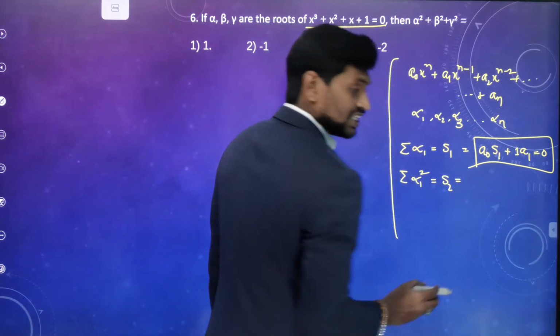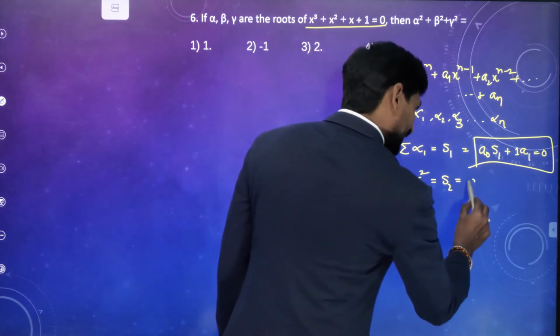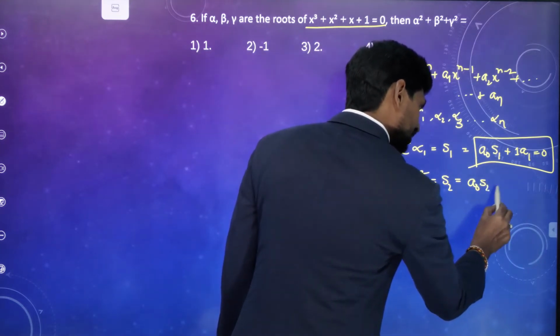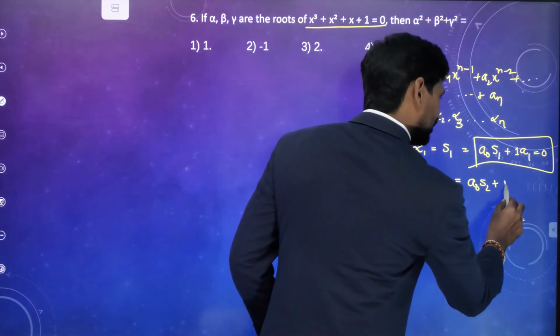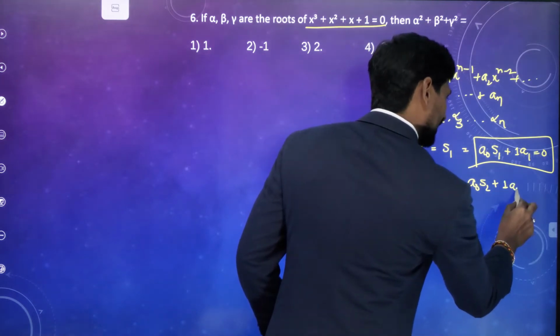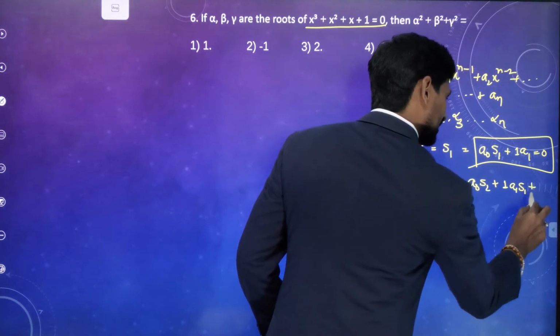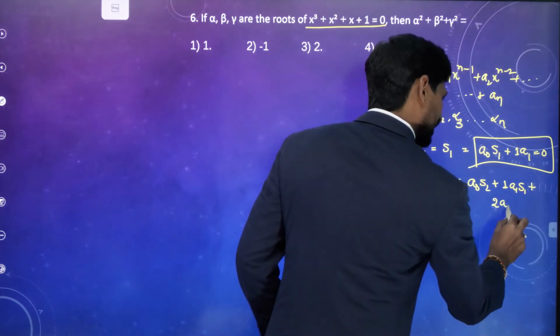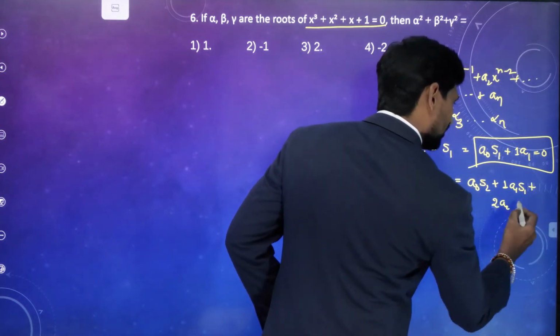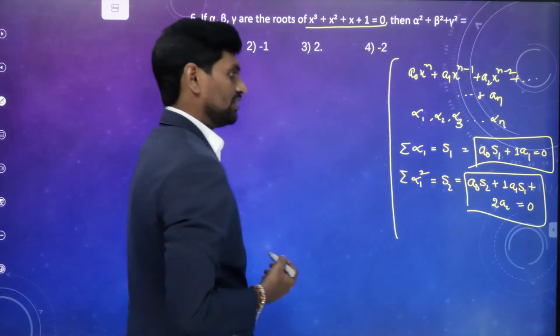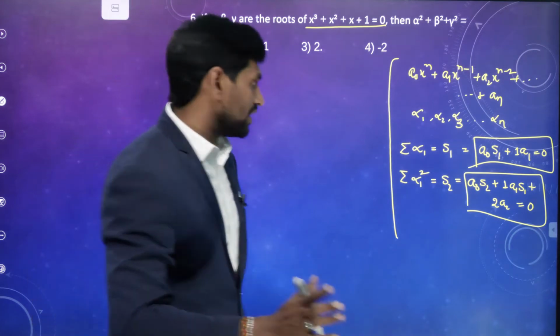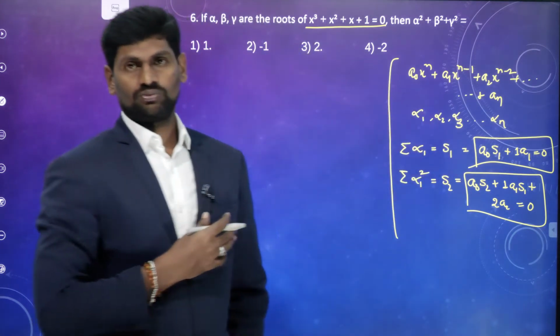Here we should learn the condition: A naught S2 plus 1 into A1 S1 plus 2 into A2 equals to 0. So S1, S2 only will be there. That means to find S2 value, again we need to find S1 also.